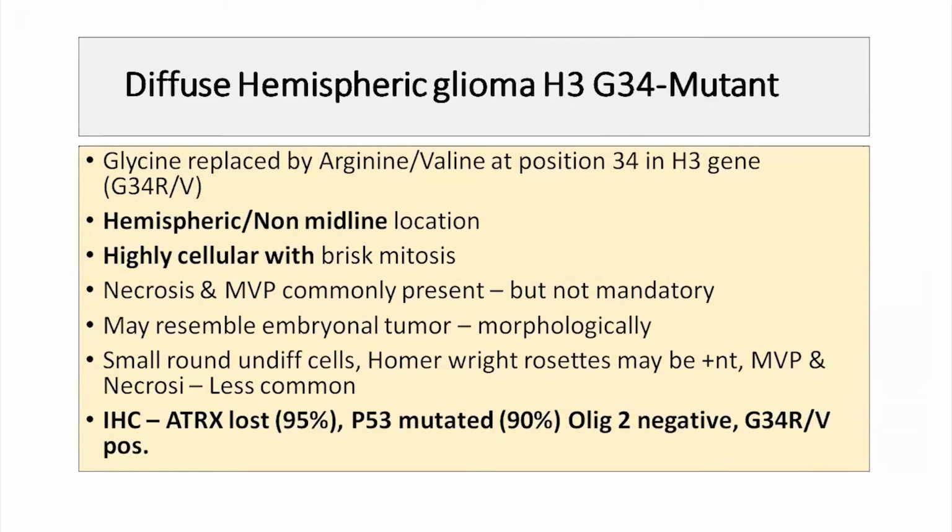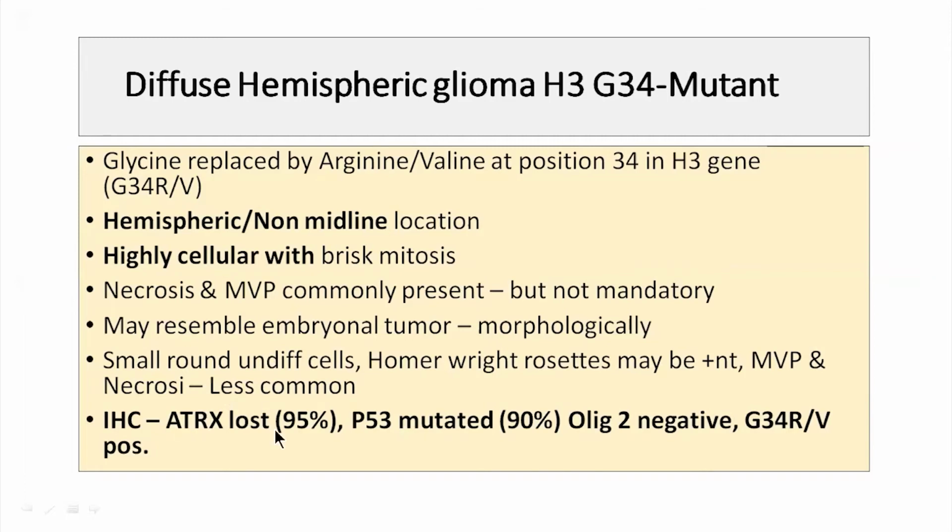Like in H3K27 mutant also, we can see necrosis and microvascular proliferation, but they are not mandatory to diagnose these entities. They may resemble embryonal tumors morphologically, because they are small, round, undifferentiated cells and may show Homer Wright rosettes. Microvascular proliferation and necrosis are less common when they show embryonal tumor morphology.